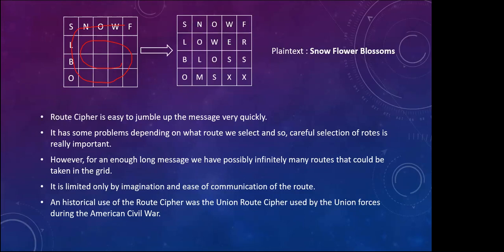And one more thing we should take care of is to choose a route which is a little different, not an obvious route, since by looking at the ciphertext, many times we can assume or find out the possible routes a person may have taken.